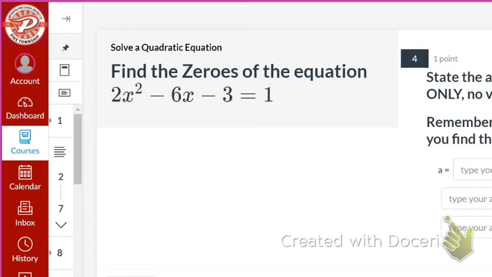So I have to subtract 1 from both sides. So I get 2 for my A value. I would have -6 for my B value. And I would have -4 for my C value. You said the other one was number 11? Yeah. Is it because it's in different forms, that's why? Let's check and see. Come on, take me to the right question.